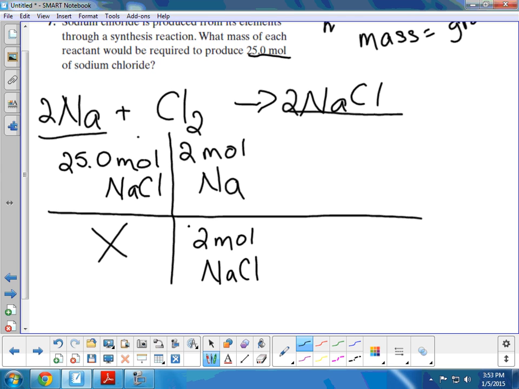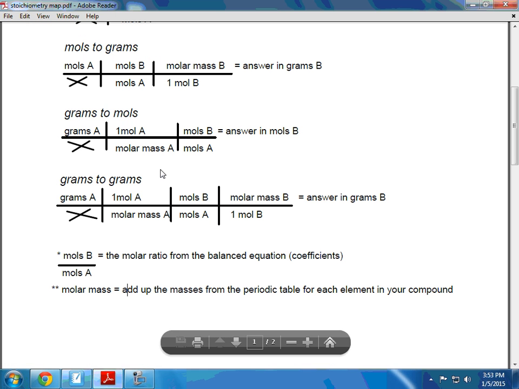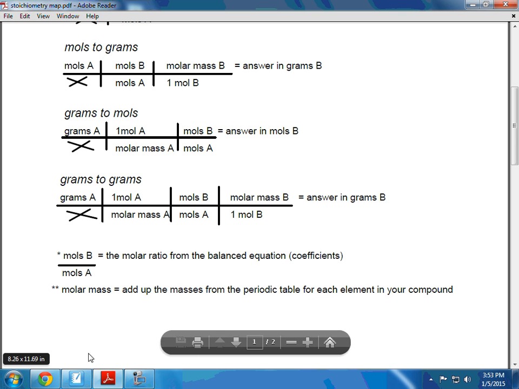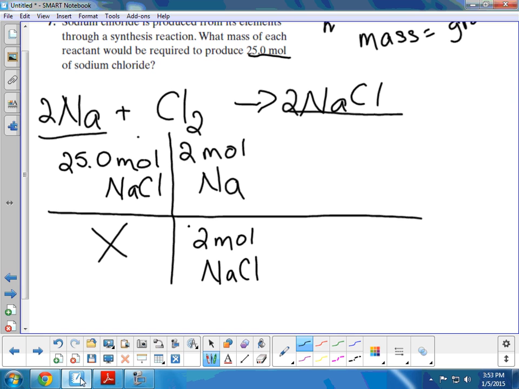But my question asked for grams, so I have to go another step. And if we go back to that roadmap, after I get my moles here, now I have to do molar mass. So now I need my periodic table. So I'm going to look on my periodic table and look up the mass of Na. It's 22.99 grams. And it says that number needs to go on the top.